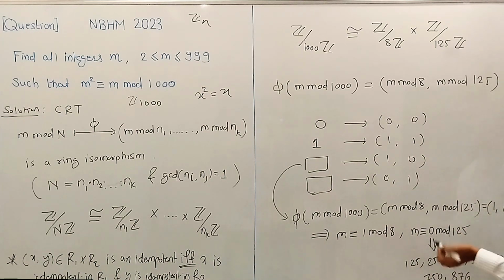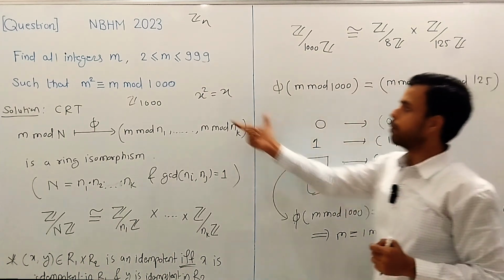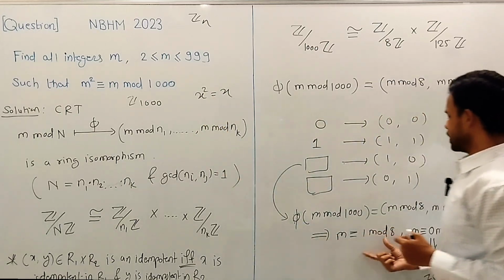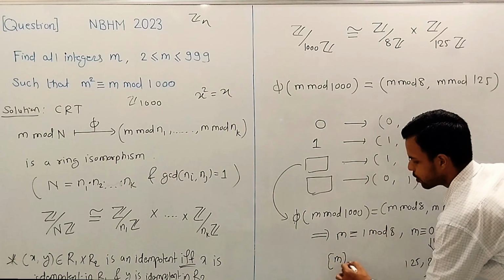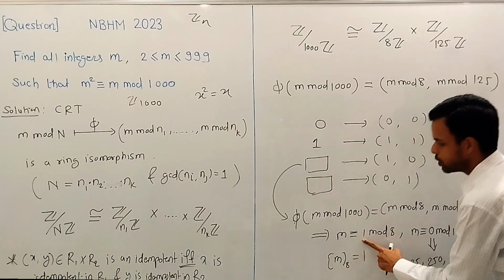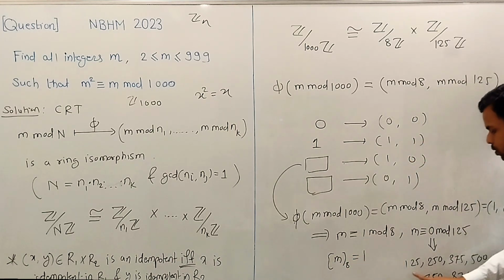These are the only possible values for M, because M lies in this range. And from this condition, when we consider M mod 8, the remainder must be 1.